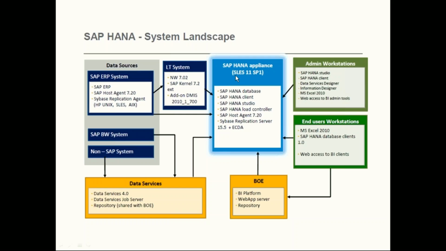They are showing SLES, SUSE Linux Enterprise Server, or it can even be Red Hat. Don't worry about the versions. Depending on the version of your database, the Linux versions will vary. What you need to understand is there is an appliance, there is a Linux operating system, and the database server is installed. They also install some small components required. Don't worry about those. So basically, this is your database server.